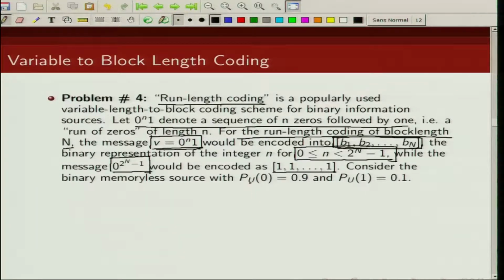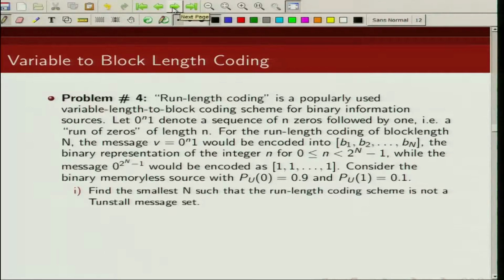So let us consider a source which emits zeros with probability 0.9 and emits 1 with probability 0.1. So we are considering a discrete memoryless binary source, which emits zeros and ones. Now the question is as follows.